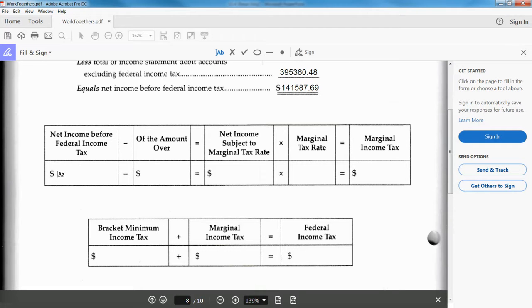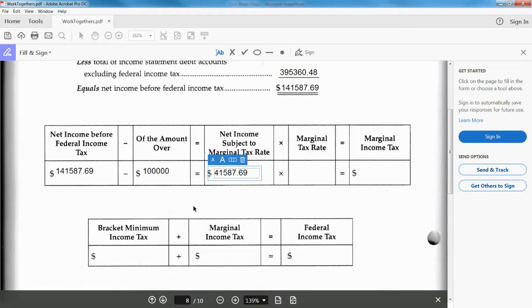So our net income before federal income tax is 141,587.69. And we want to take the amount over 100,000. So that is 41,587.69.